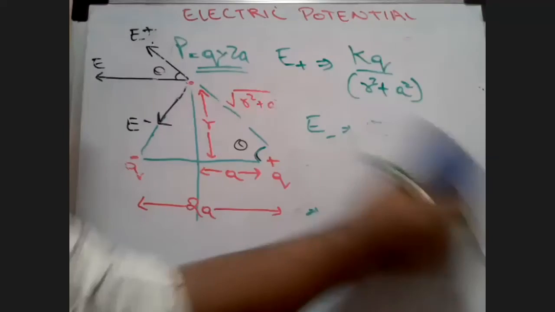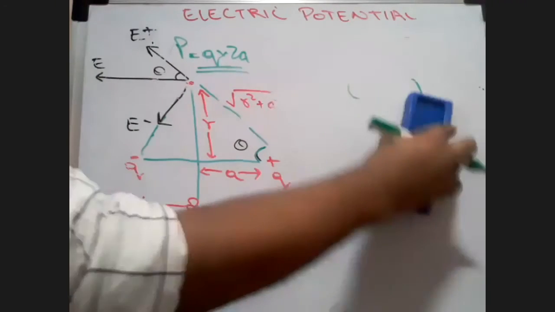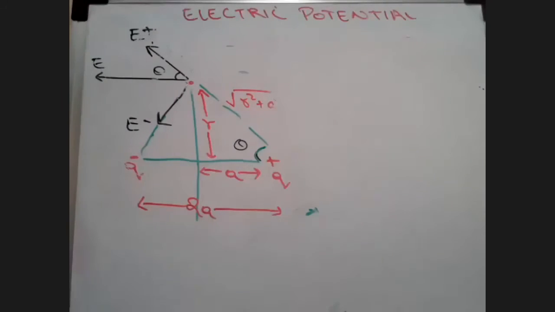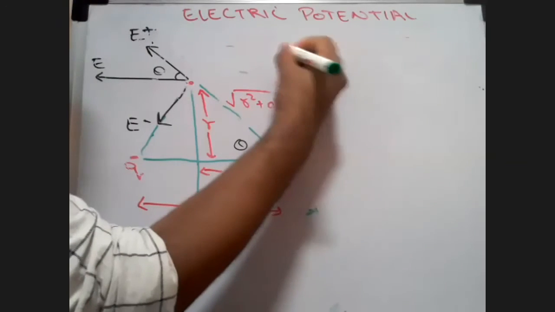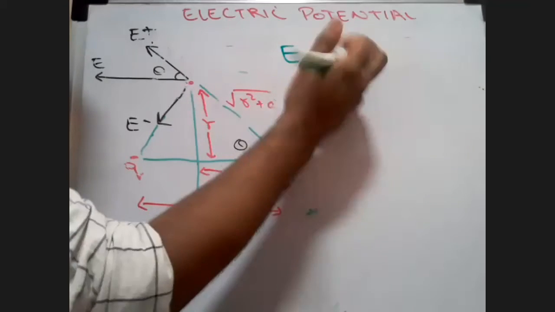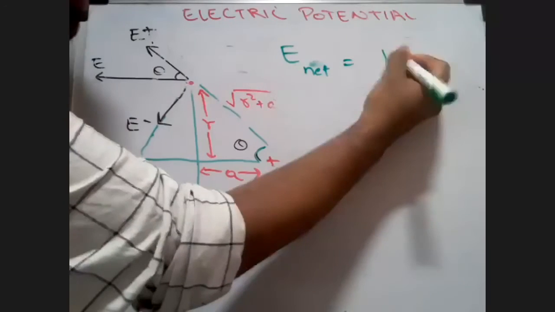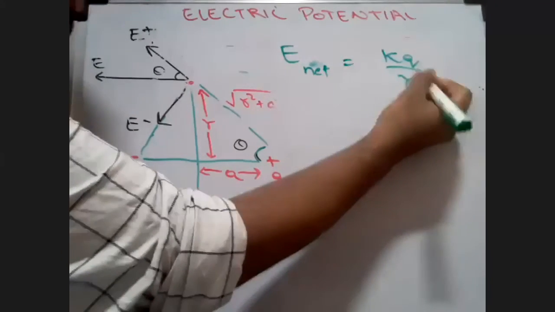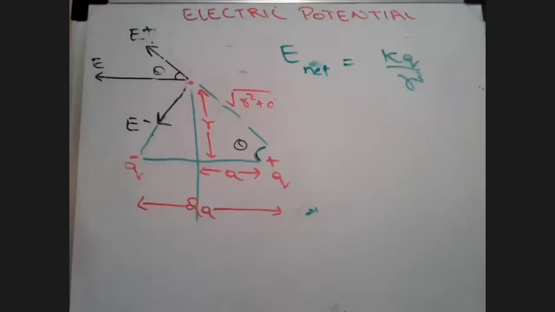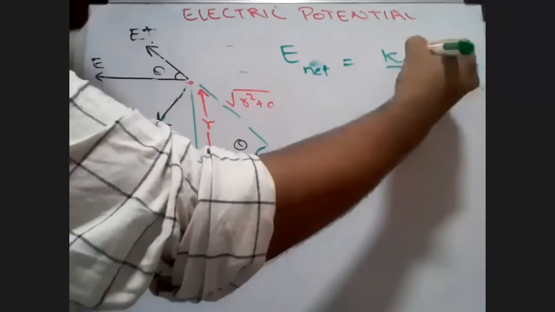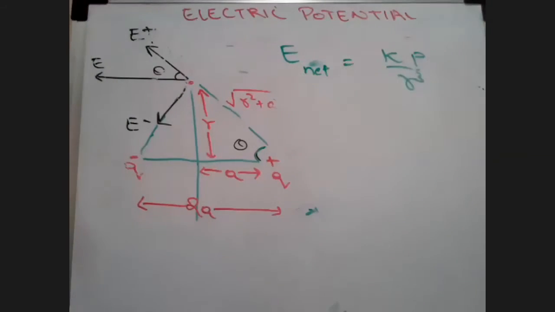E net is basically equal to KQ upon R cube, but it is in the negative axis. KP, yes, thanks, sometimes I make mistakes. KP upon R cube, and that is E net.